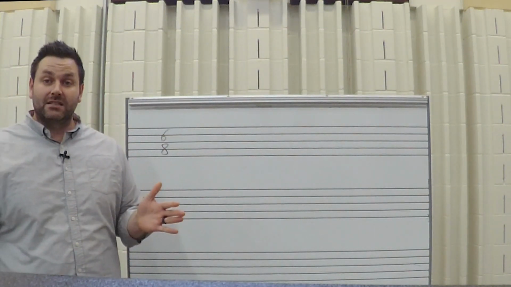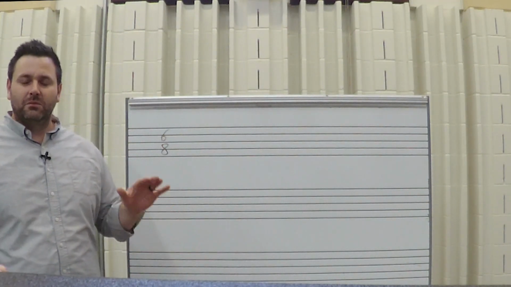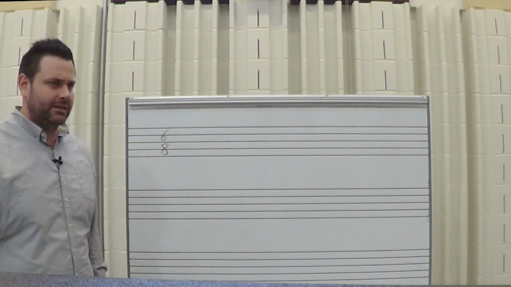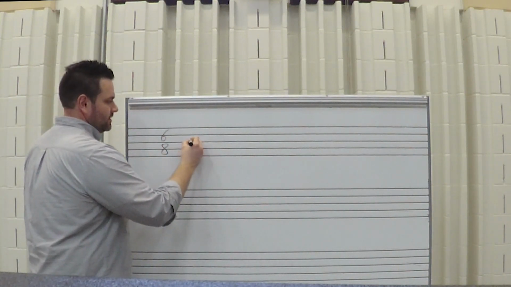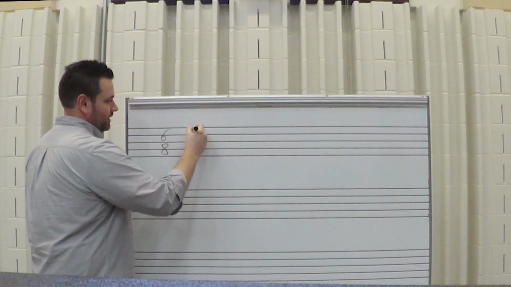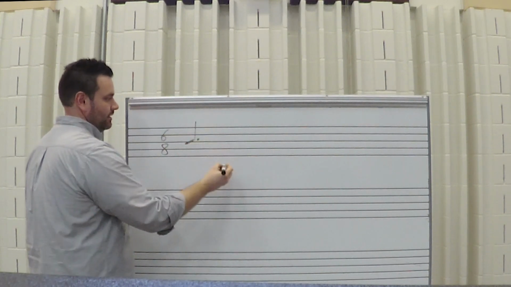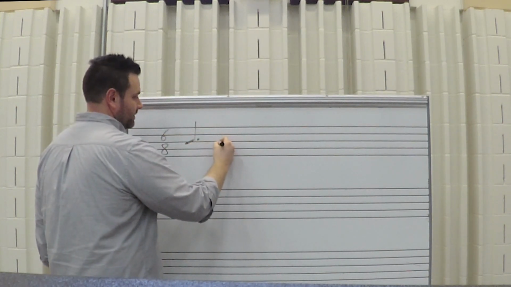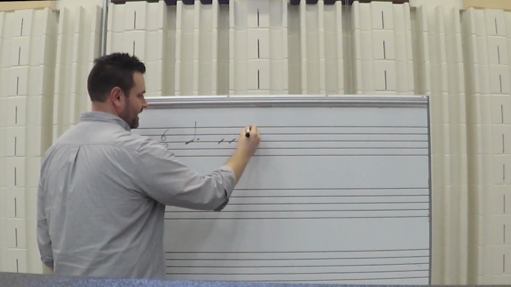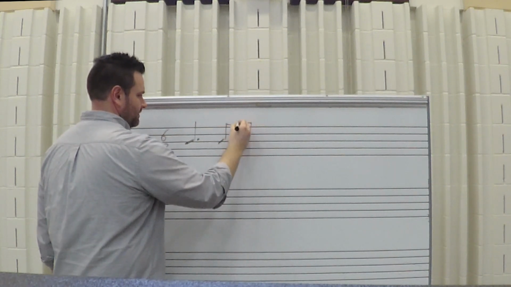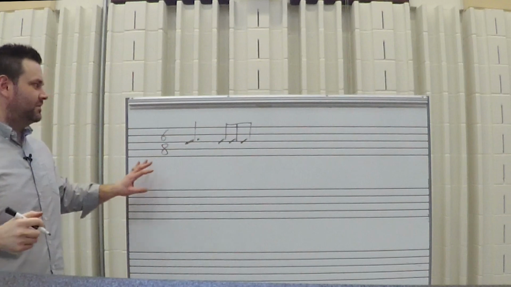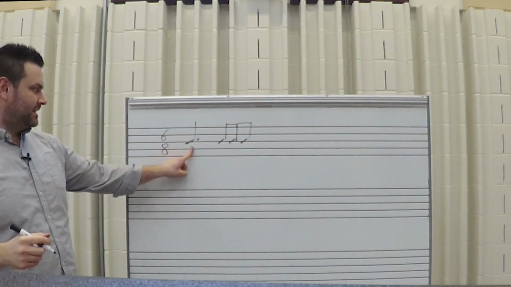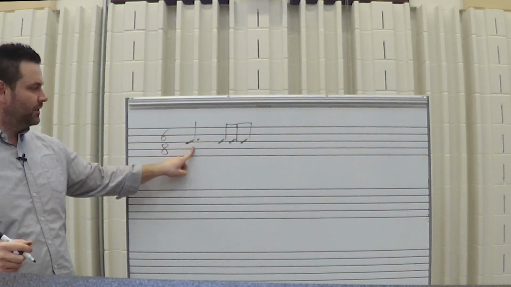All right, now let's practice a couple of rhythms in 6/8 that will hopefully start to bring a little bit of this together, okay? So I'm going to put a dotted quarter note on beat 1, and then I'm going to put 3 1/8 notes after that. Right, so let's think back to the chart we just had. We know this is going to be 3 beats worth of time, right?